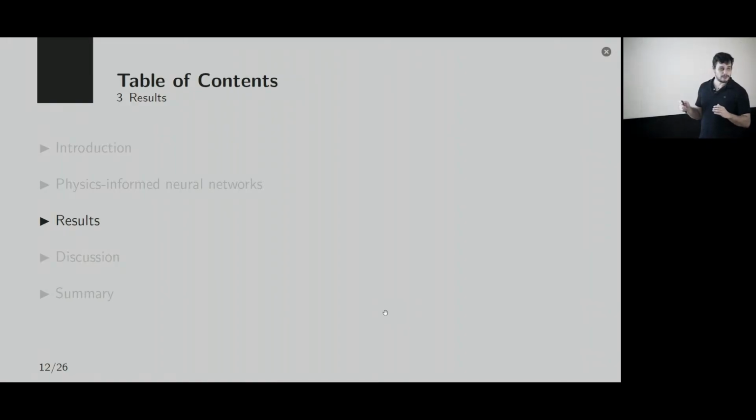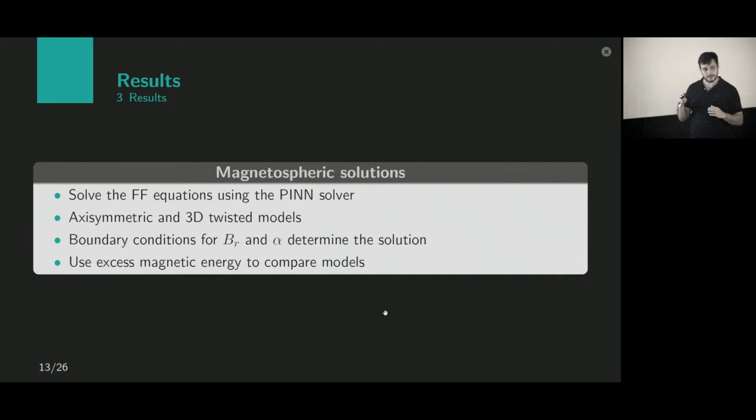So this is the method that we use to solve the problem. We have the force-free equations. We use the PINN solver to solve them. You want to produce various axisymmetric and three-dimensional models of twisted magnetar magnetospheres. In this particular problem, since it's an elliptic problem, we don't have time dependence.